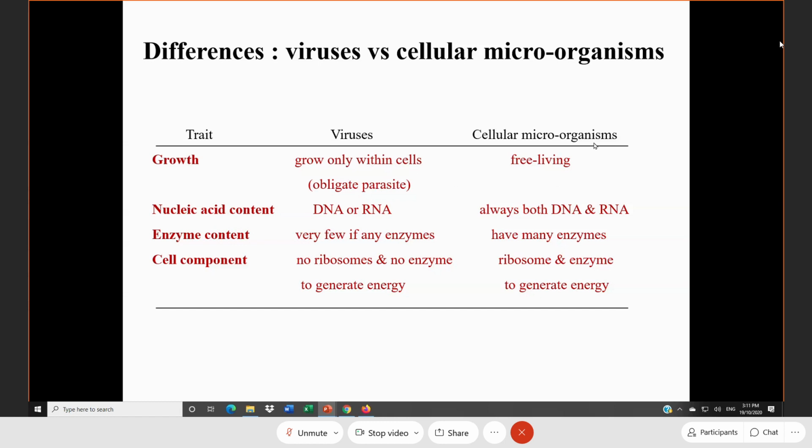But cellular microorganisms are free living. What does it mean free living? They can be on their own to replicate, to grow, to live, to get whatever nutrients and so on. Viruses cannot do that and won't do that. So nucleic acid contains DNA or RNA, but other cellular organisms always have both DNA and RNA.